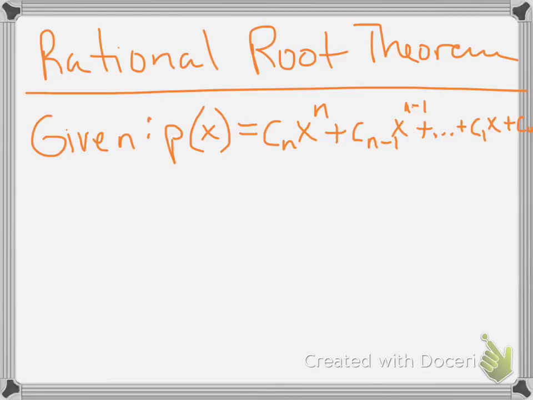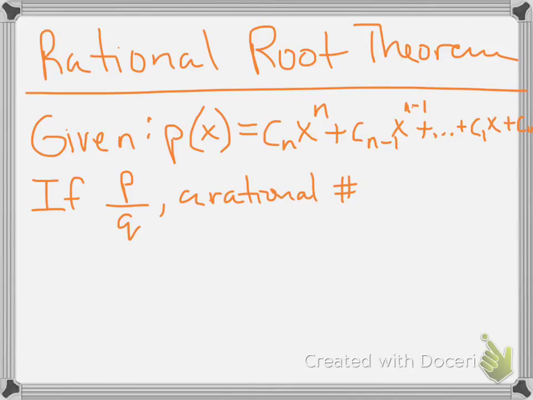Okay? So, if P over Q, or this is a rational number, is a solution or root, let's call it a root since this is the rational root theorem, root, zero, x-intercept, solution, synonymous terms.